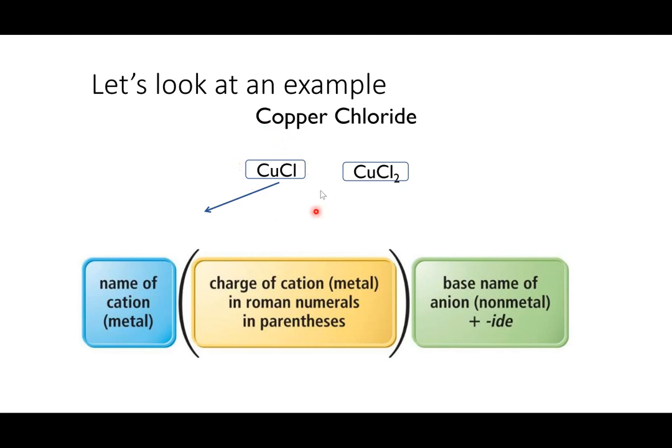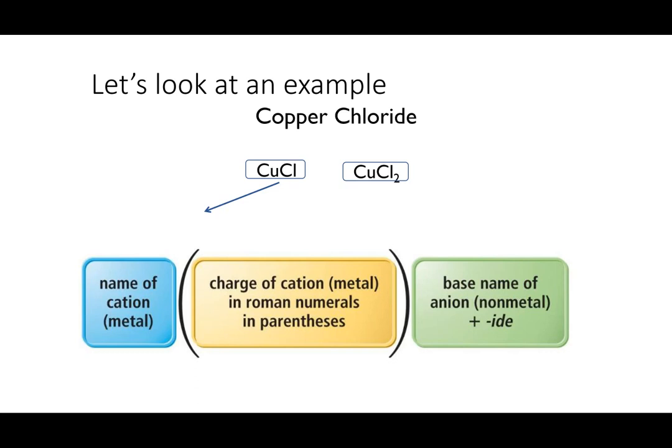When the formula is written like this, I can go ahead and assume that that's electrically neutral. So I assume that whoever wrote that down wrote it as an electrically neutral compound. So looking at this compound, I have to determine, well, what is the charge on that copper? Copper can vary.